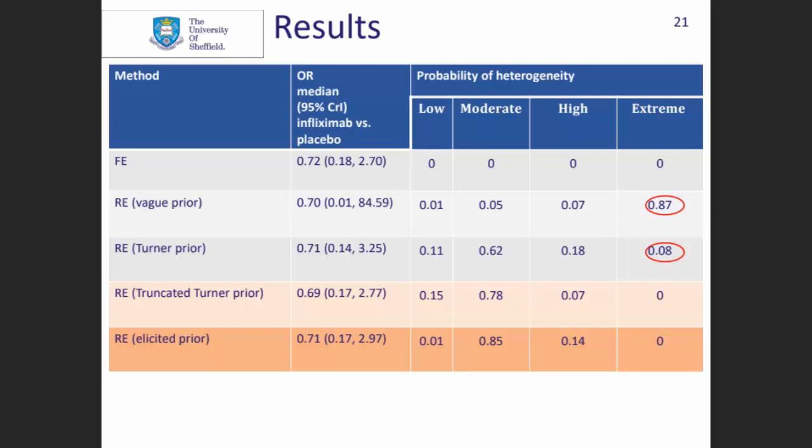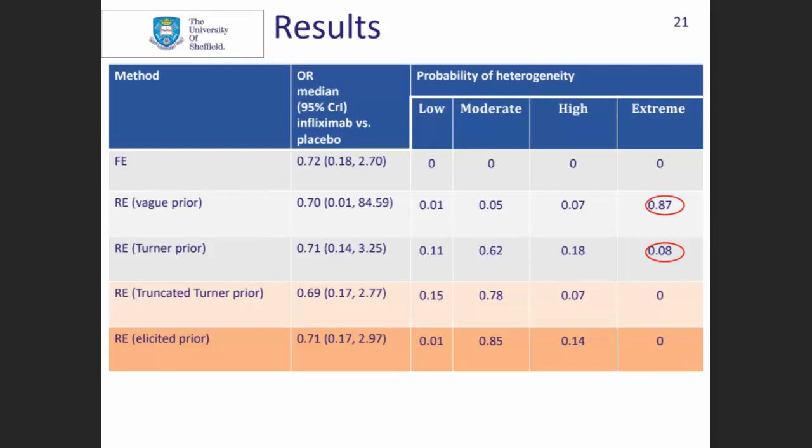case. And when using Turner's prior, there's still some probability, like 8% of the heterogeneity being extreme. And these large probabilities of heterogeneity being extreme would lead to implausible estimates of uncertainties for the treatment effect we see here. So especially with vague priors, the upper bound is nearly 85.